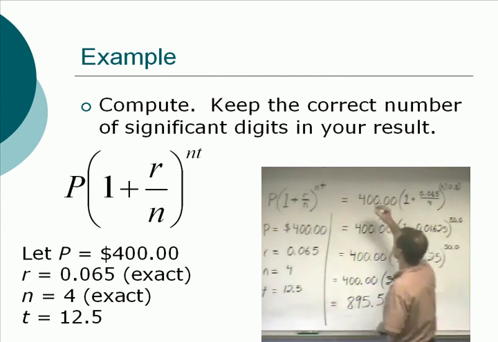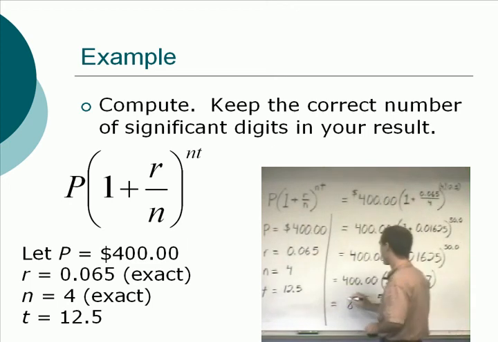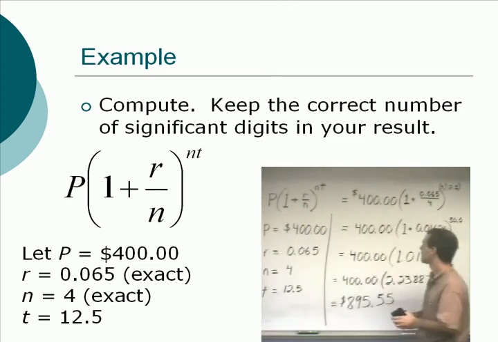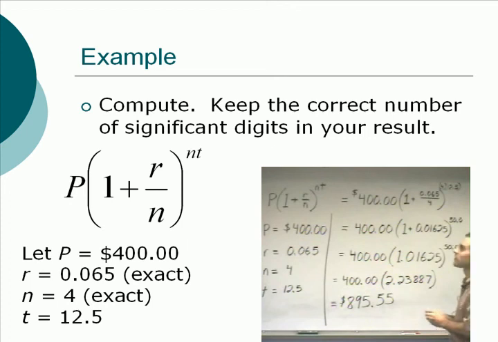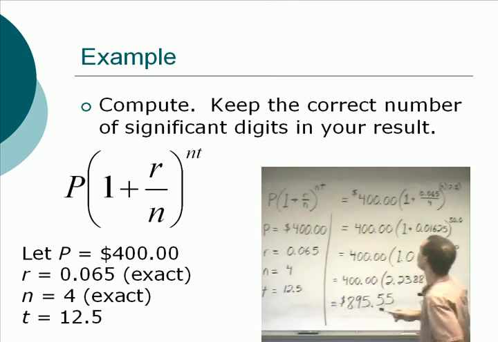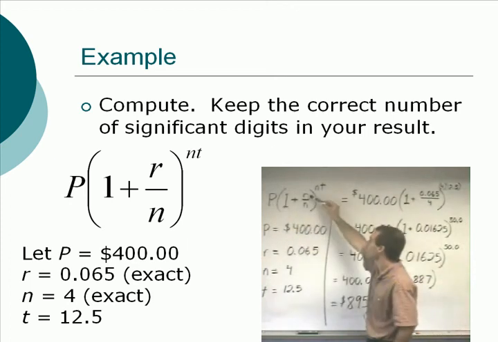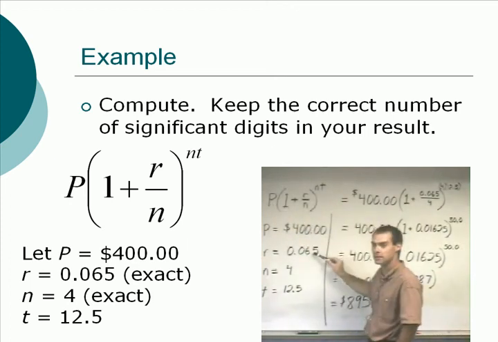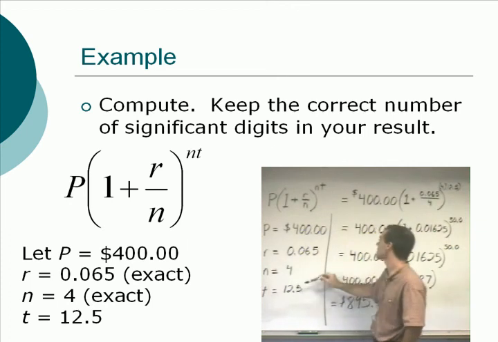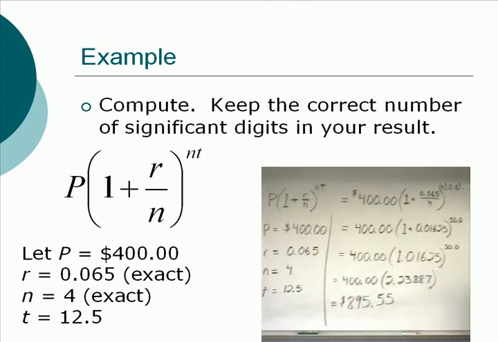The 400 had the units of dollars, and so our answer will have units of dollars. Now this formula, we're going to be using a little bit later on, but just as a little side note, what this formula says is that if you take $400, which is your principal, invest it at a rate of 6.5%, compounded 4 times per year for 12.5 years. At the end of that 12.5 years, your investment of $400 will be worth $895.55.